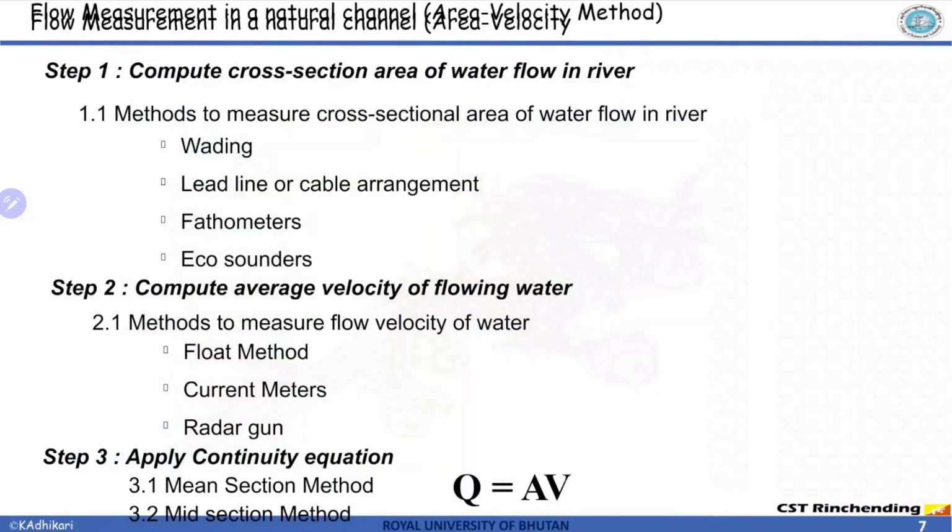Now how we estimate discharge, like I said, we need a few parameters to be able to use the area velocity method. Like I said, Q is equal to AV. So we need basically two things, area and velocity. For area, there are many ways.